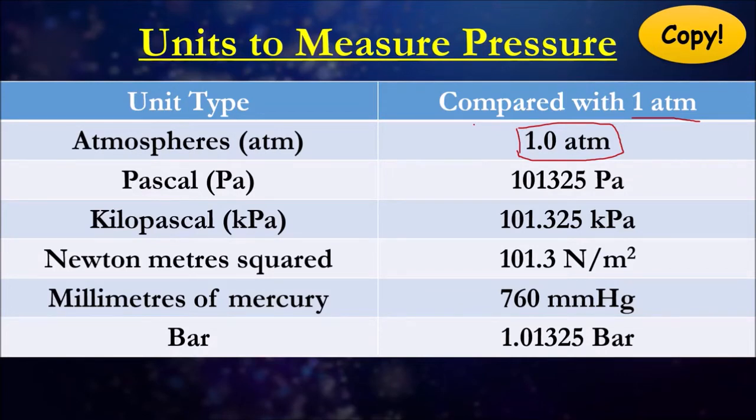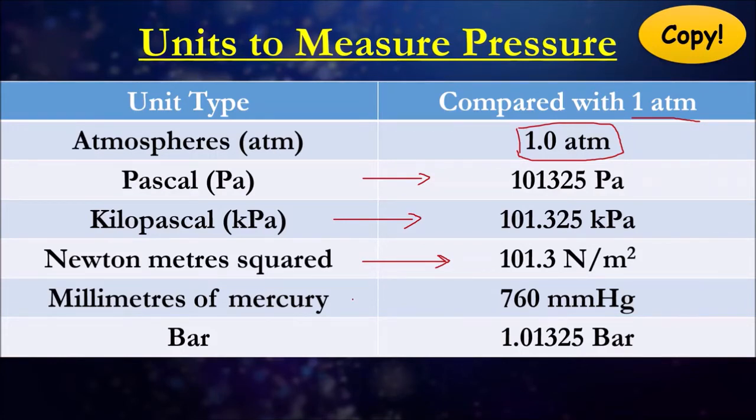The standard pressure that you feel on your body is equal to 1 atmospheric pressure. If I want to convert it into pascals, which is another way we measure pressure, it's there. If I want to measure it in kilopascals, there's that. Newton meters squared, that's the one we said is the regular SI units.